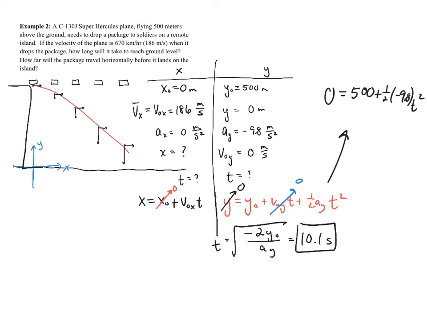You could plug in at this point where it's written in red and then solve that for time, if you feel more comfortable. If you're really struggling to get the solution algebraically like this, by moving over y0, multiplying by 2 to get rid of the 1/2, dividing by ay, and then square rooting it, you could plug in at this moment, meaning here, and then solve this equation for time.